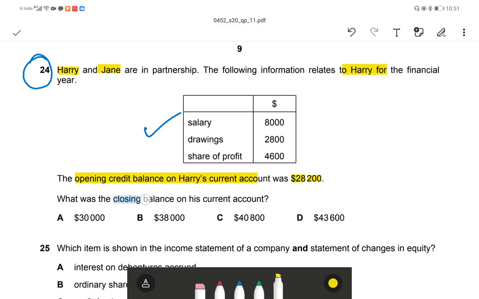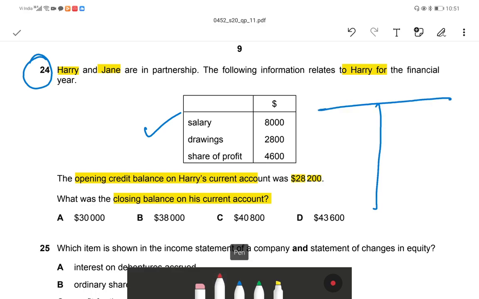What was the closing balance of his current account? So we can draw a current account. Increasing capital items we put on the credit side, decreasing capital items we put on the debit side.